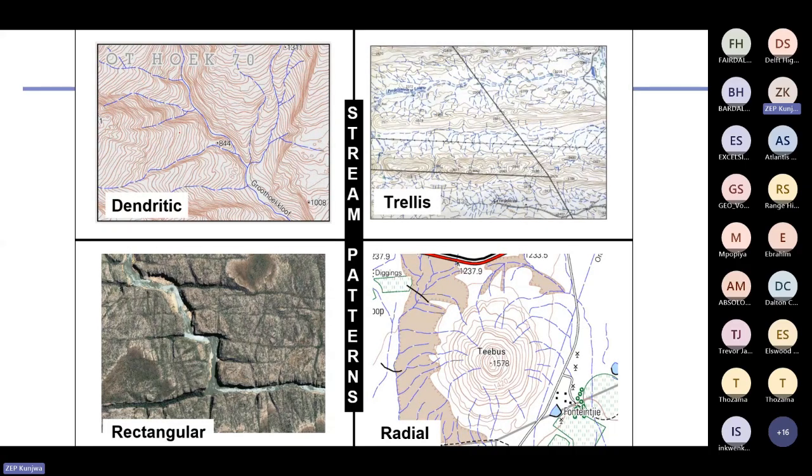And then look at the trellis one. I want to highlight these. Can you see these contour lines here, in between this red color? That is your hard layer. Remember, there's an alternating of soft layer and hard layers here. So that is your hard layer, and then that is your river there, and then that is a valley, a softer layer.